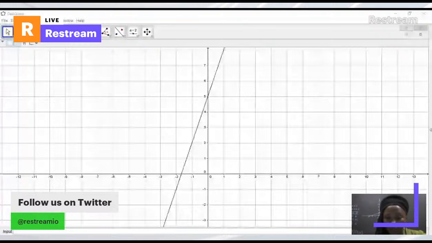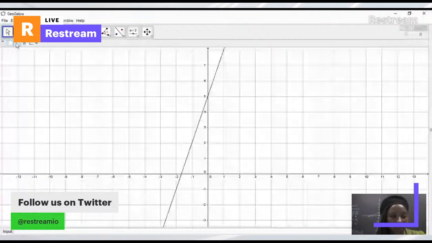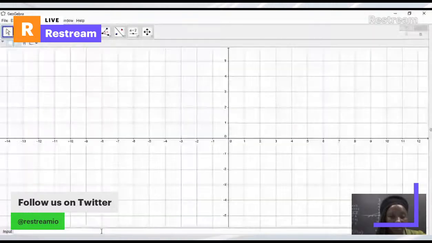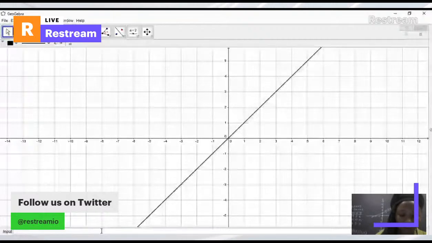So just to recap, those four special lines that I want you to know by heart. Anywhere you see them, know them, because you're going to be seeing them a lot. Here are the two inverse to each other: y equals x, that's a line, then y equals negative x.